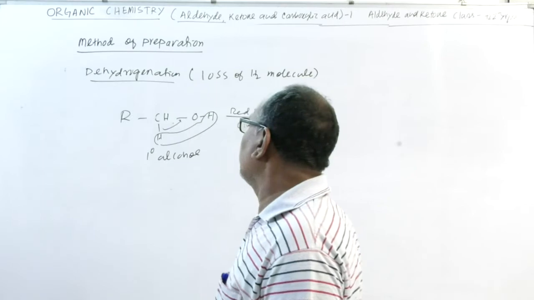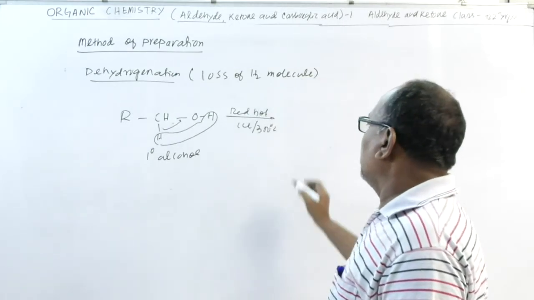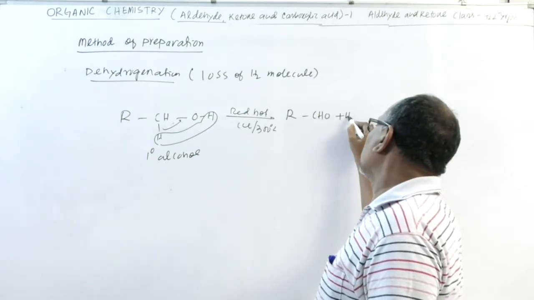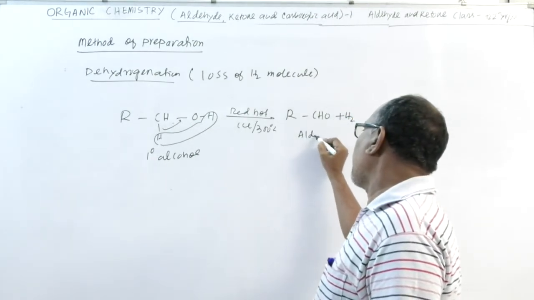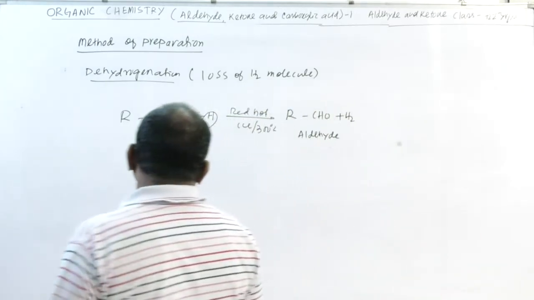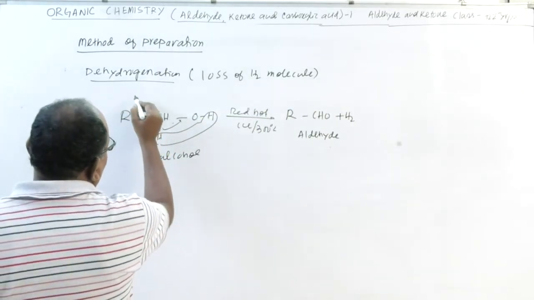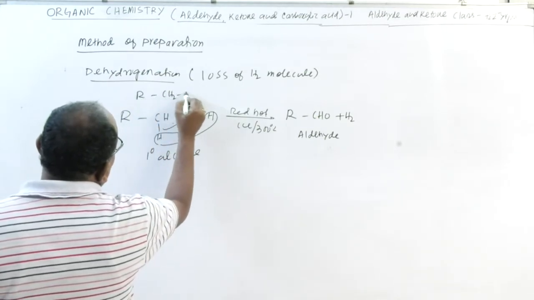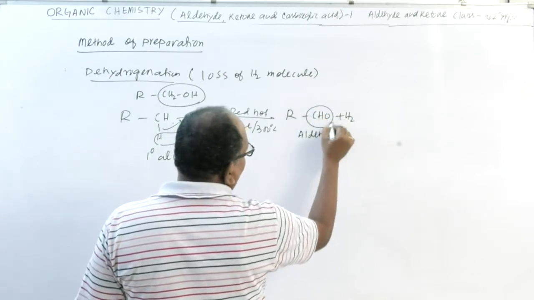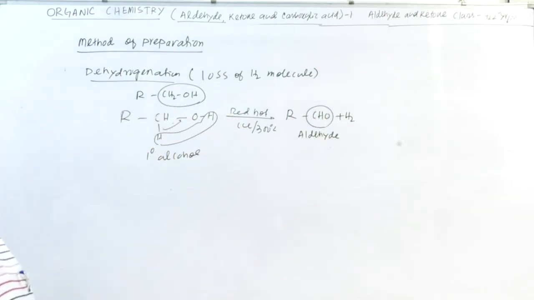This bond comes to here. What will happen? RCHO plus H2. This is your aldehyde. You see that the RCH2OH group became the CHO group.